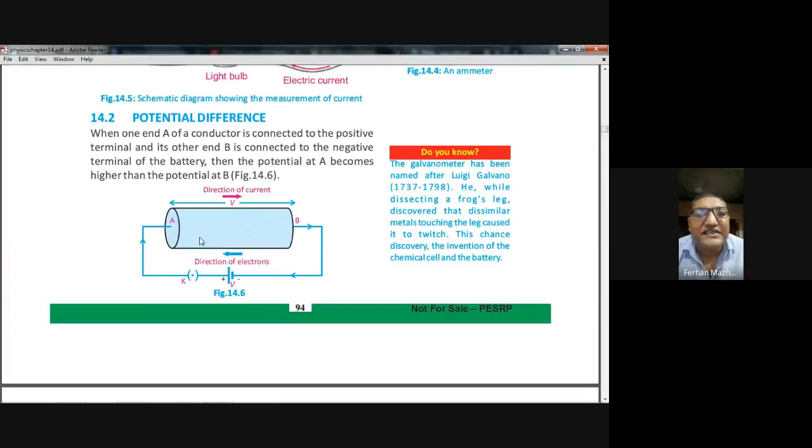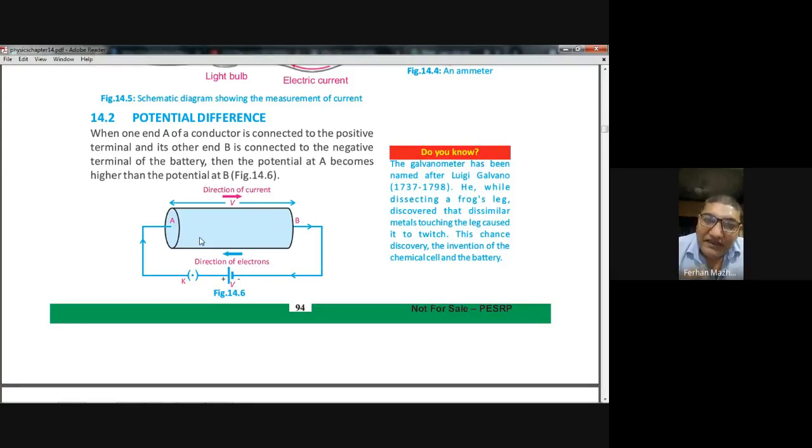Here we have only a single appliance connected. For example, a resistor will convert the electric energy into heat energy. If you put a light here, that will convert the electric energy into light energy. So whatever single appliance you put here, all the energy provided by the cell is supposed to be used and converted into some other form.